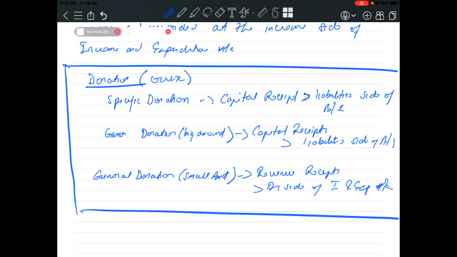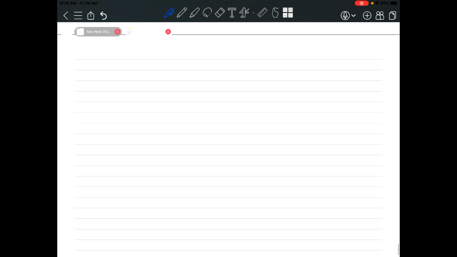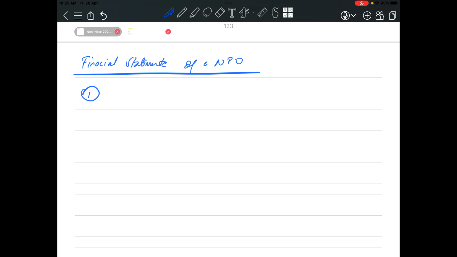Now let's talk about the books, what kind of accounts the NPO will maintain. Let's write the financial statements of an NPO, a not for profit organization. The first one will be receipt and payment account.